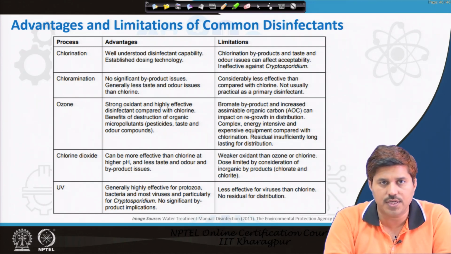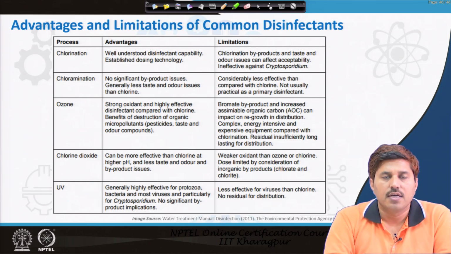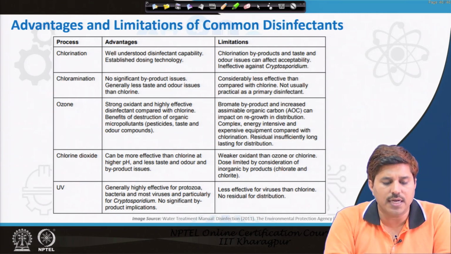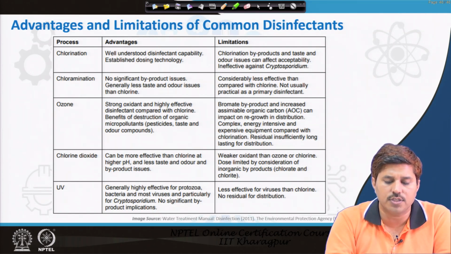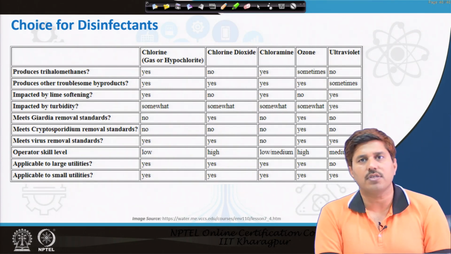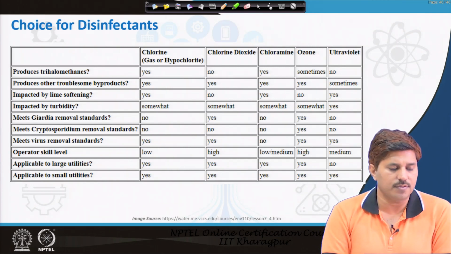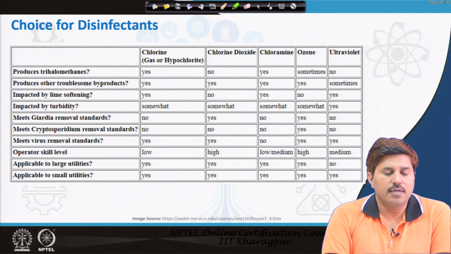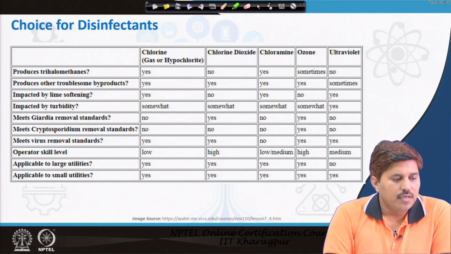It does not lead to any byproduct, okay, but again it is less effective for viruses than chlorine, and it also does not leave any residual chlorine for distribution, and may require a higher amount of cost and energy for the installation, and of course the operation as well.